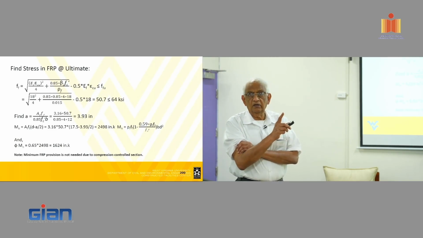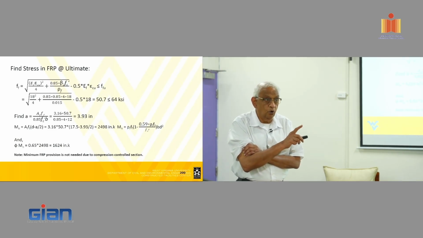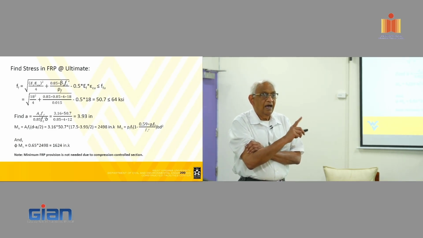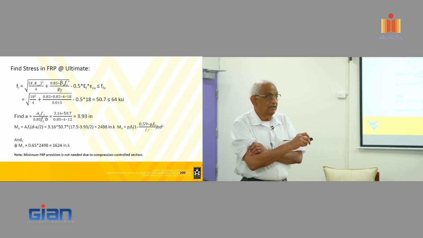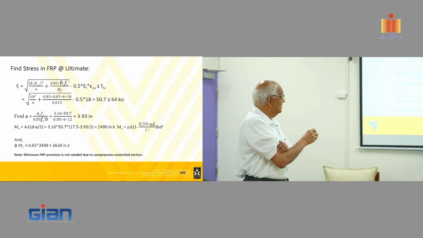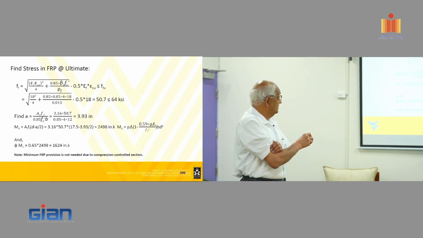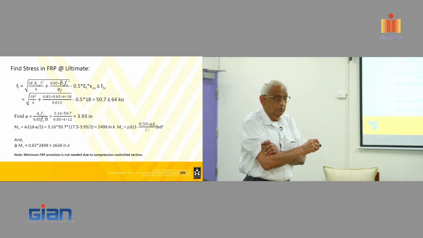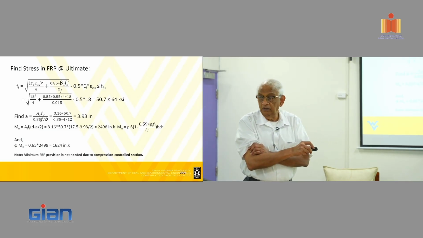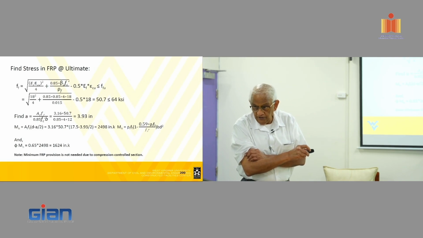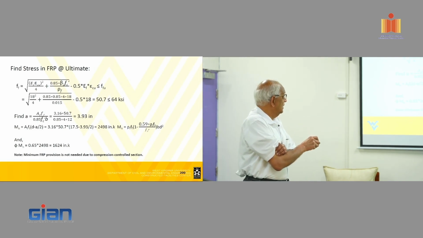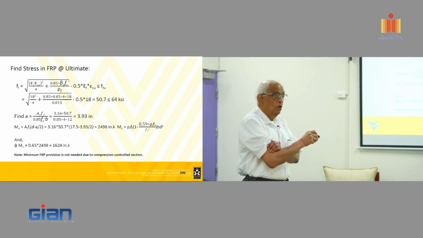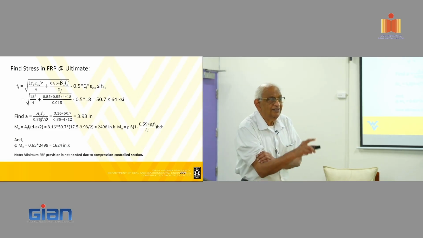Now, the analysis part is pretty much over. Now I'm going to talk about how we compare it as a designer. So Mn is the nominal moment, phi is the reduction factor from the material point of view and also from the point of the failure mode. That's the phi value. So your ultimate moment, including the load factor.